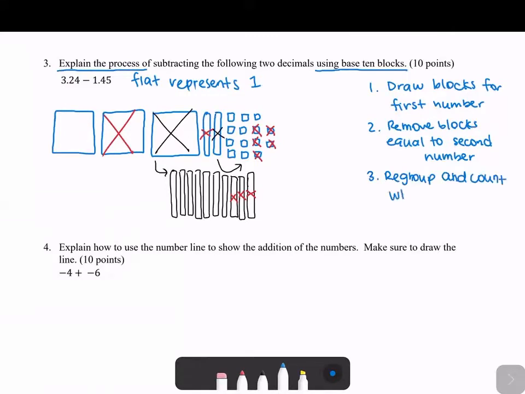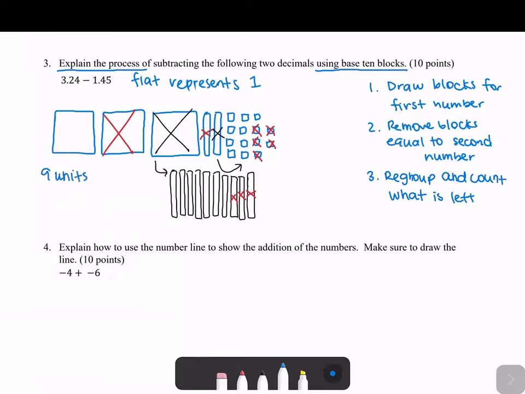So the steps for this subtraction algorithm are the exact same steps for subtracting whole numbers using base blocks. It's this exact same algorithm. We just have that the flat, longs and units represent different things. So what do we have left? We have, again, starting with units, 1, 2, 3, 4, 5, 6, 7, 8, 9 units left over.